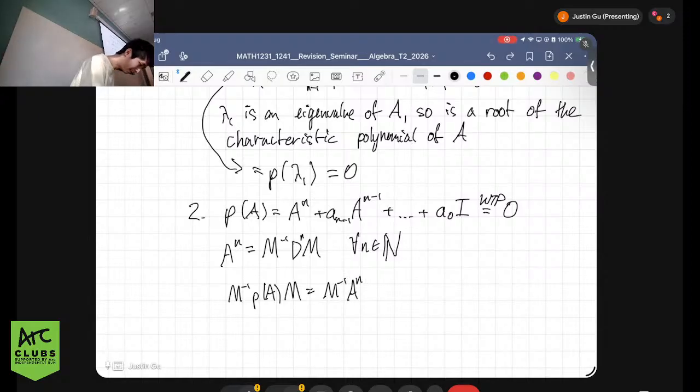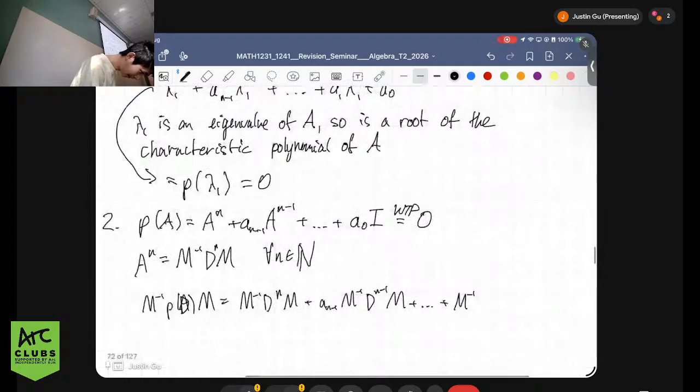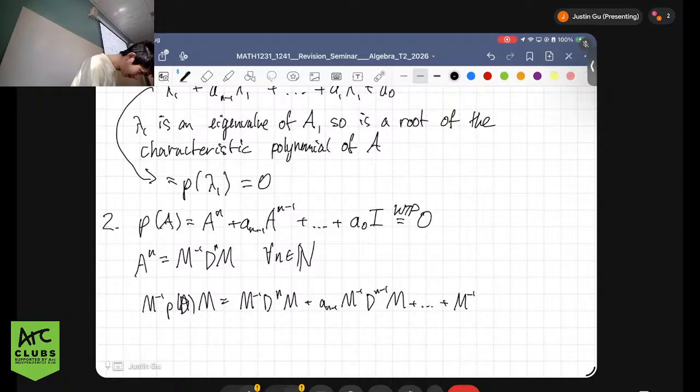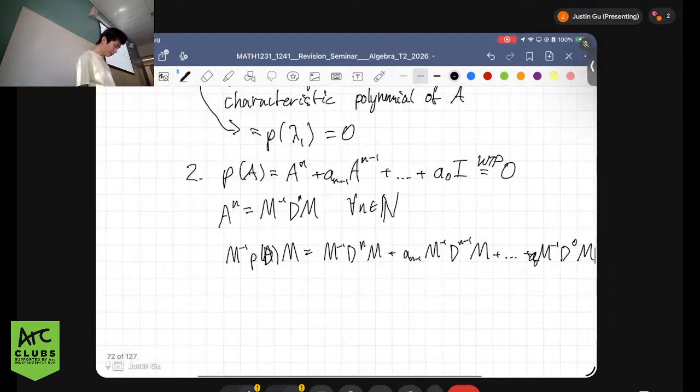Oh, sorry, the wrong order. We should look at what this times P of D is. We'll get M inverse D to the n times M plus a n minus 1 M inverse D to the n minus 1 M plus dot dot dot plus all the way up until a0 M inverse D to the 0 technically, because that's the identity times M. Well, what do we know about the left-hand side?